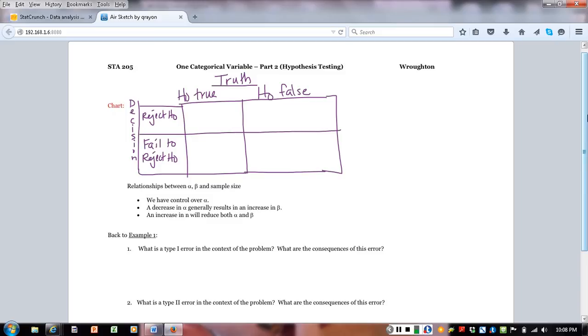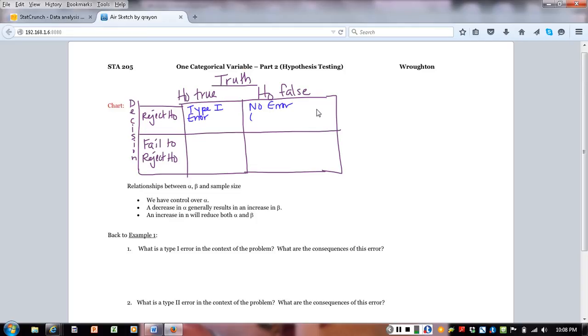So we're going to get our little boxes here. Alright, let's go through each of these. If I reject the null hypothesis when the null hypothesis is actually true, is that a good decision or a bad decision? That's finding someone guilty when they're actually innocent, so that's a bad decision. More specifically, this is our type 1 error. Now, if we reject the null when the null is actually false, so that's finding someone guilty when they really are guilty, no error is happening here.